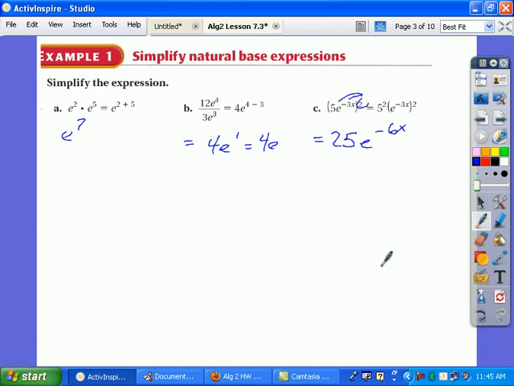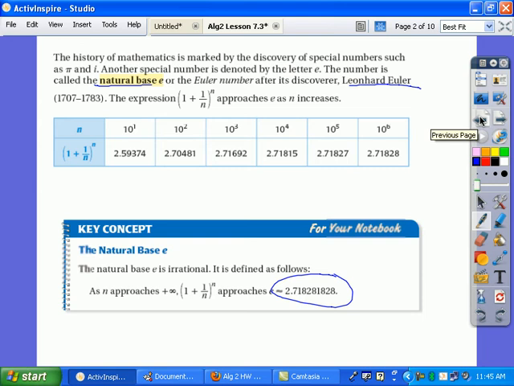If you take e to the first power on your calculator, it'll give you this number back, 2.718. So there should be a button on the calculator. If you can't find it, see me later, that says e to the x.